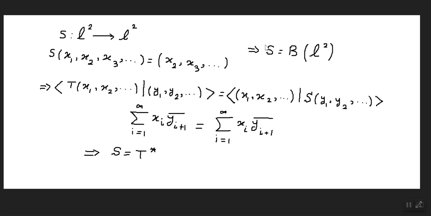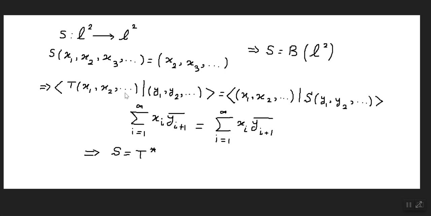I leave it to you to see that S is actually a bounded linear operator on L2, but we want to show that S is the adjoint of T. It means this equation, which is the characterization of the adjoint operator, must be satisfied. We must have the inner product of Tx and y equals the inner product of x and S of y, for every x and y in L2.